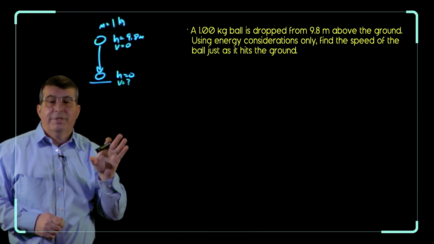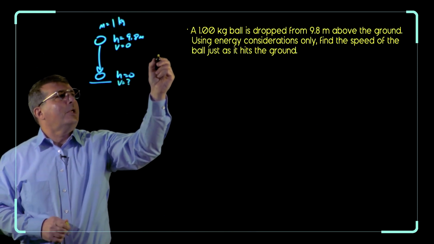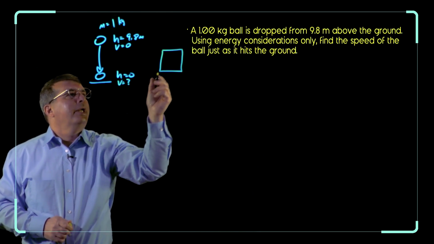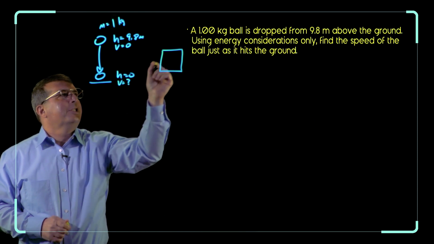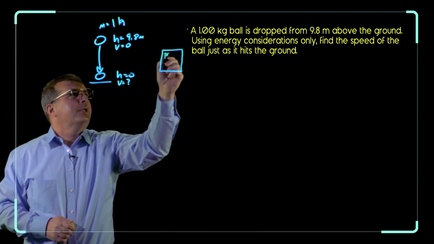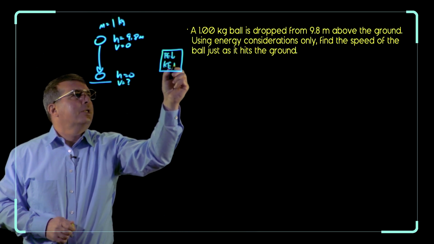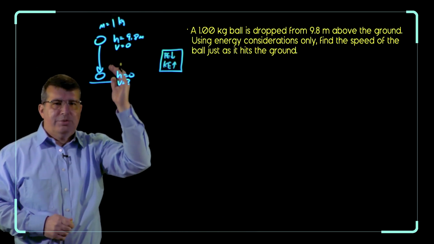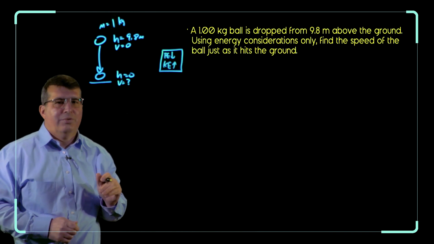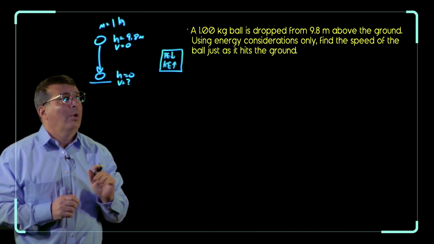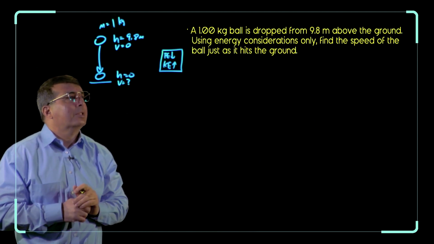Okay, that's the question. Let's do our energy box. As the ball falls, its potential energy is decreasing, while its kinetic energy is increasing. We weren't told about any work, so no work either in or out.